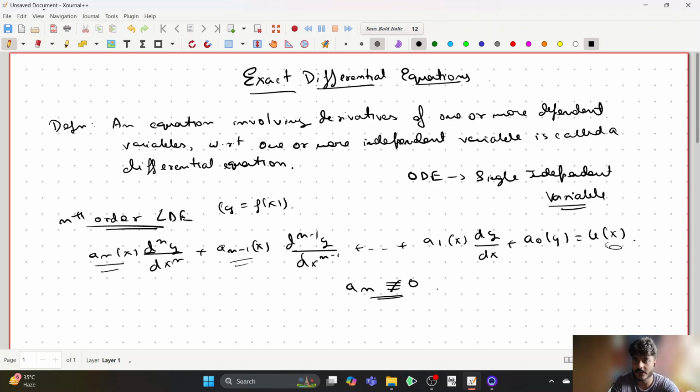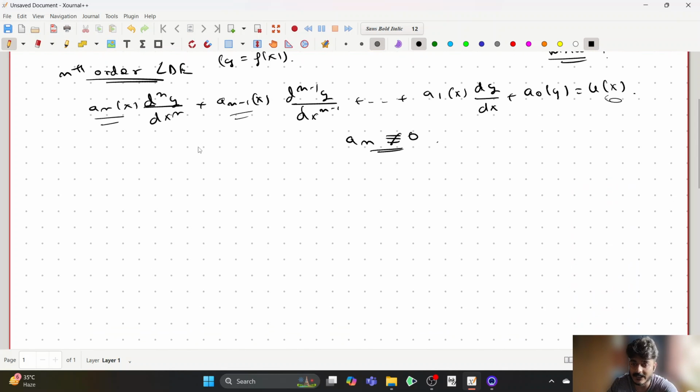But order specifically corresponds to the highest order of derivative present in this equation. Fine. Now our concern, as I said, is first order, rather linear, differential equations.